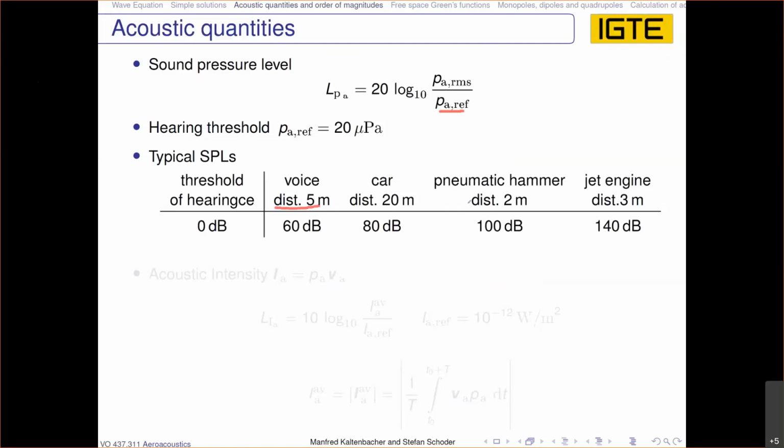And you see that you reach or exceed this value when you are working with a pneumatic hammer: at a distance of 2 meters, you have 100 dB. When you are in the disco, you have 110 to 120 dB at least, depending on where you are within the disco.